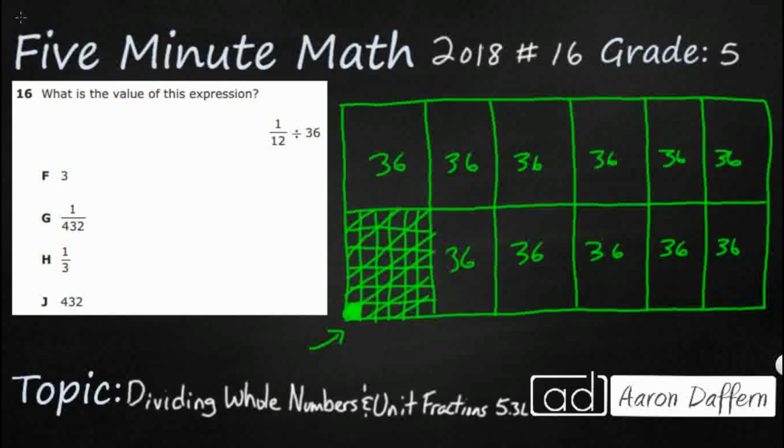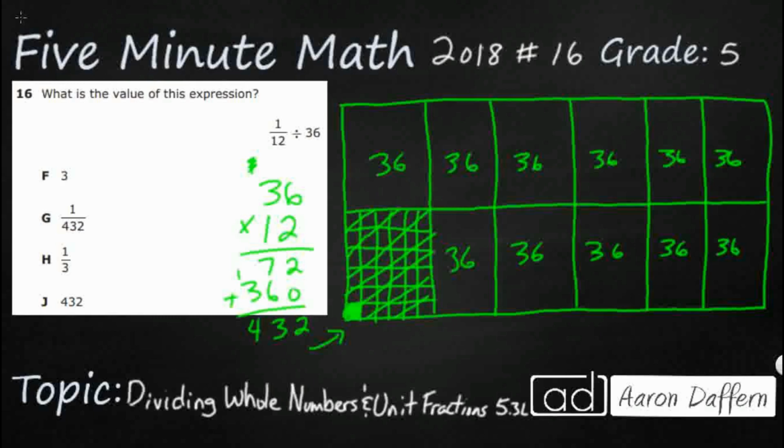This is 1/12. So let's just double check. I'm pretty sure it's going to be 432, because that's what my answer choices are. So that's going to be 12. That's 6. That's 7. And that's 36.